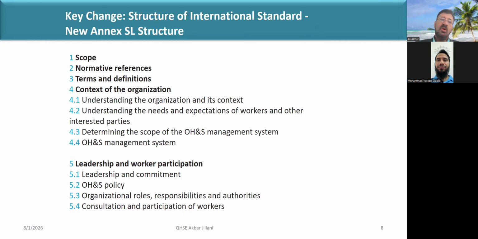Now, if sometimes you change the certification body, you also have the previous certificates of your organization. When the new certification body comes, tell them these are our previous certificates, and share your license with them.